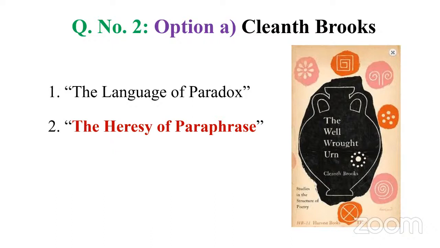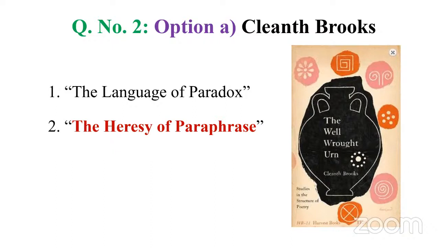You can't paraphrase everything that is portrayed or depicted in a piece of work. If you try to paraphrase that, it is an act of heresy, as if you're speaking against God, right? So we should not go for paraphrasing. It is tough to paraphrase a poem or novel or anything for that matter, all right?